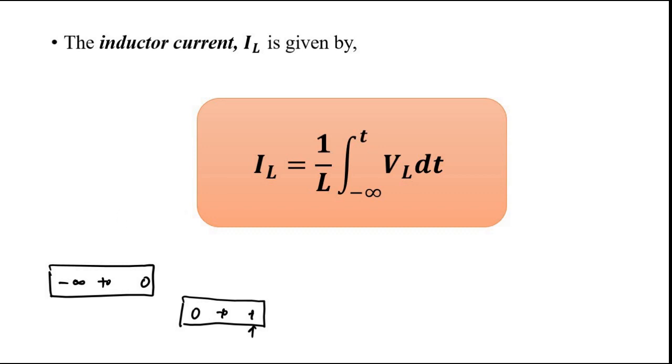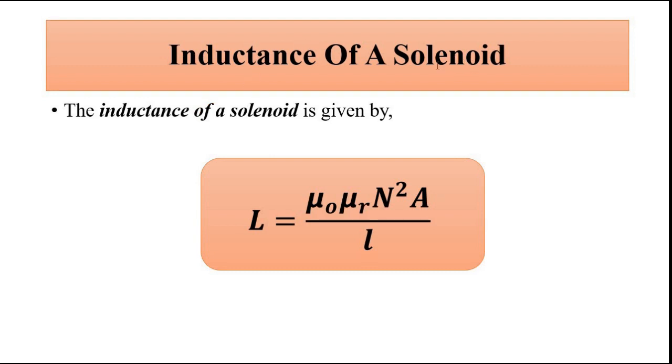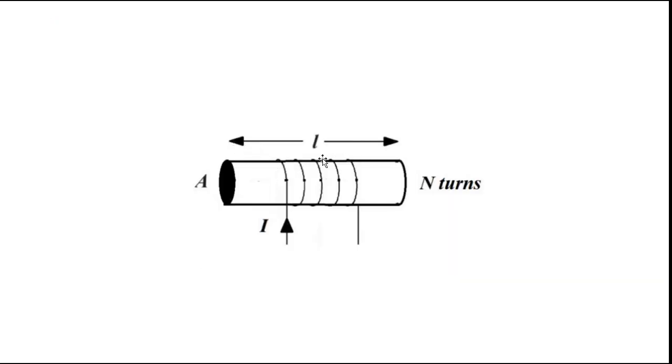Next is the inductance of a solenoid. Let us say we have a solenoid of length L, the length of the core, cross-sectional area A, with N turns of coil, and current I flowing.